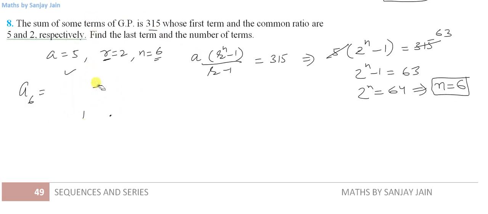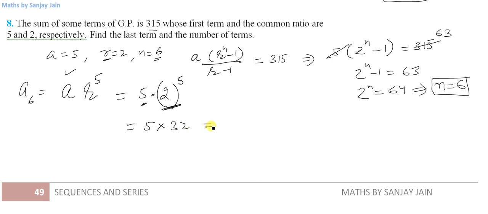A r raised to power n minus 1, that is a r raised to power 5. So it is equal to 5 into 2 raised to power 5. So it will give you, this is 32, this is 5. 5 into 32, so 160. This will be the last term.